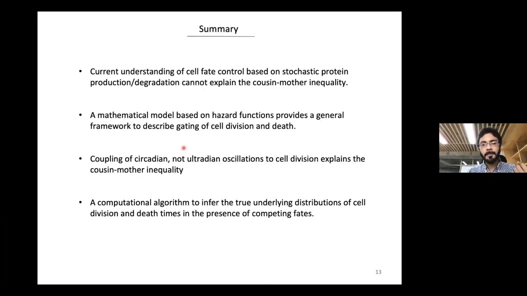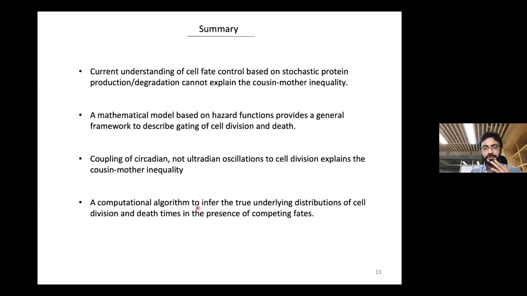We developed a model based on the terminology of hazard functions, which gives us a general framework for thinking of circadian gating of cell division and death. And we've shown that the circadian clock, but not the ultradian clocks, might be driving the cell cycle speed, at least in terms of these correlations that we observe.